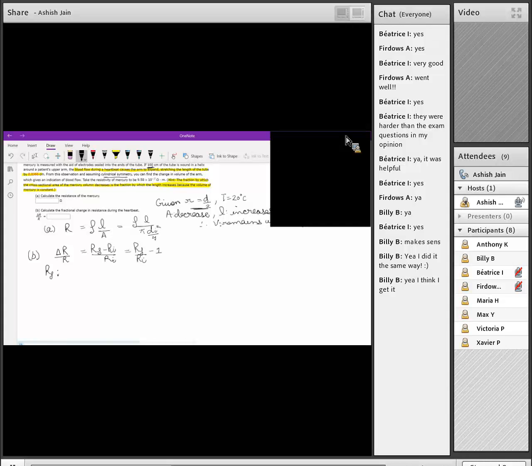Okay, how do you do that? So you need to find RF, right? This is where the given comes in.